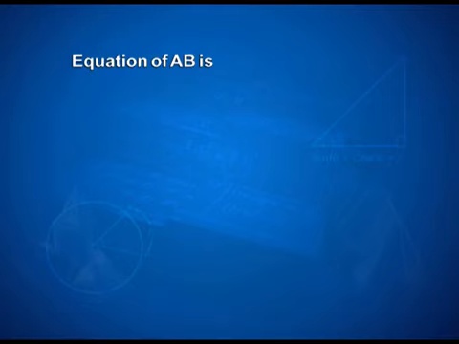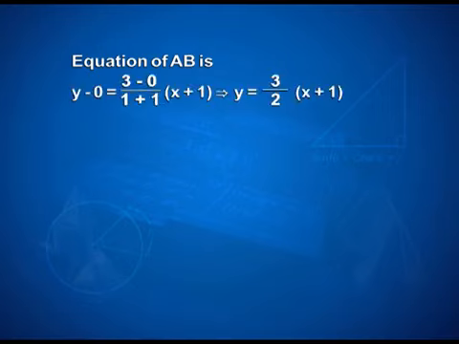Firstly, we will calculate the equation of line AB. Equation of AB is y minus 0 is equal to 3 minus 0 upon 1 plus 1 into x plus 1, that gives y is equal to 3 upon 2 into x plus 1.